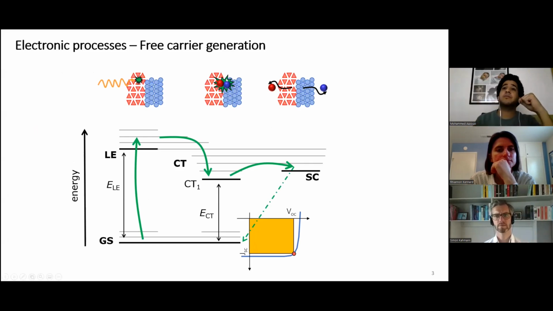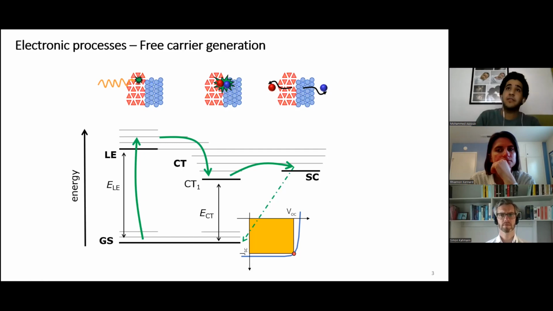At the interface, we form what we call the CT state, the charge transfer state. From the charge transfer state, the charges can be dissociated into free charges that can be transported and collected. And that's what gives us the short circuit current.